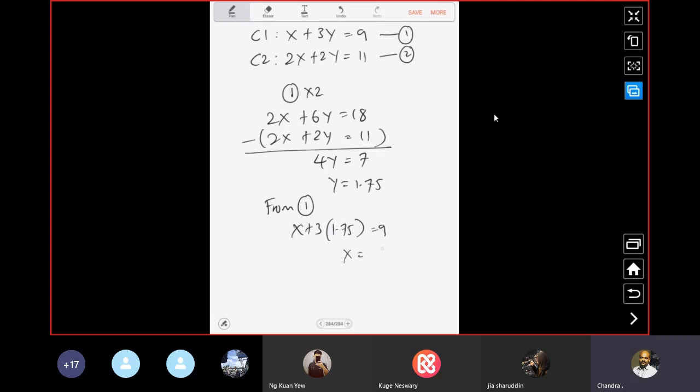X equals 3.75. So the optimal solution is 3.75, 1.75.